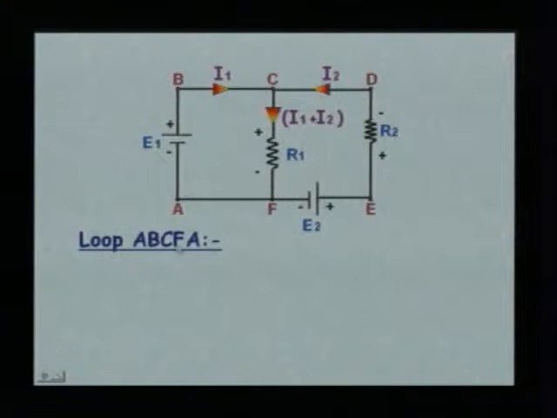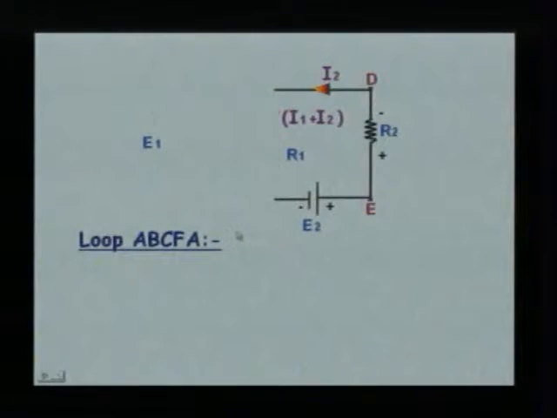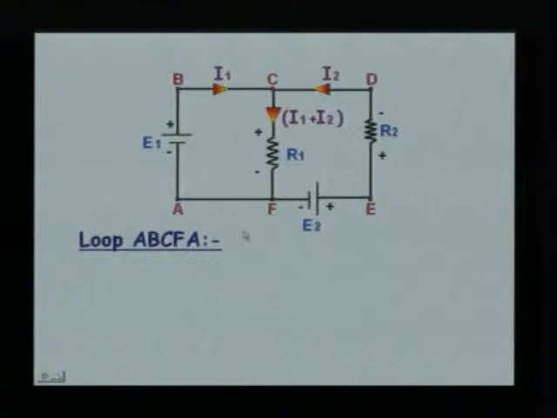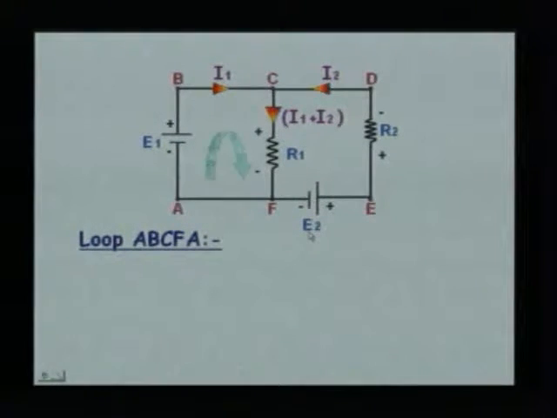If we consider the loop ABCFA, let us try writing down the equation. Let us consider the direction of the loop from A, B, C, F and A. From A to B, we have got the source E1.